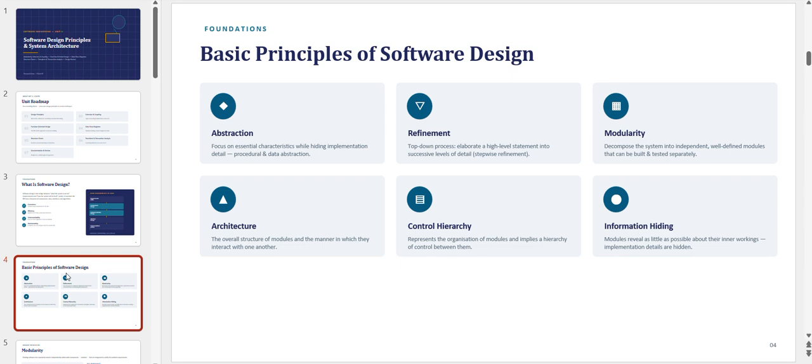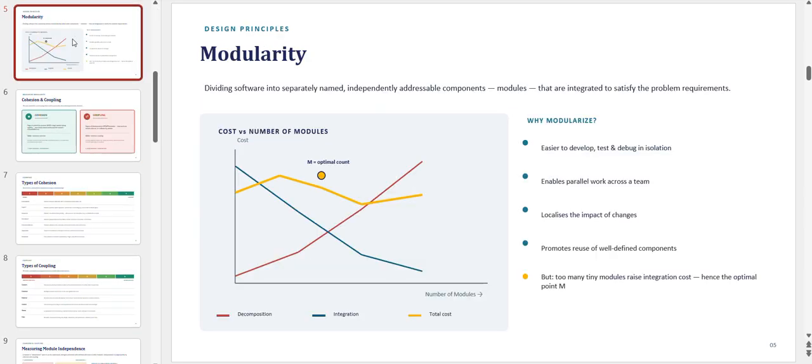In control hierarchy, we represent the organization of modules, which implies a hierarchy of control between them. In information hiding, modules reveal as little as possible about their inner workings. Implementation details are hidden. So let's start with modularity.